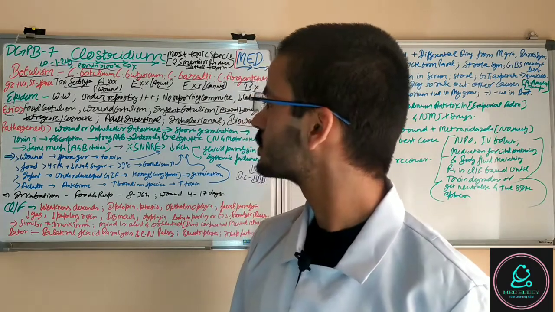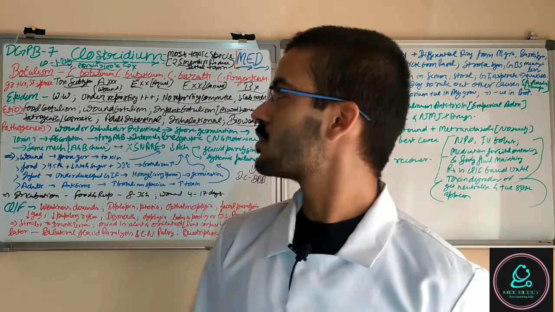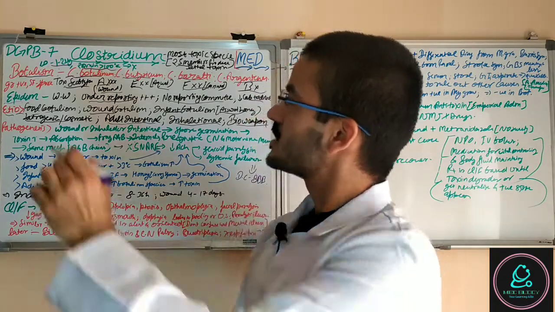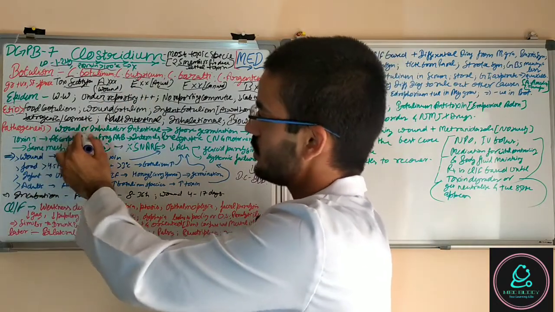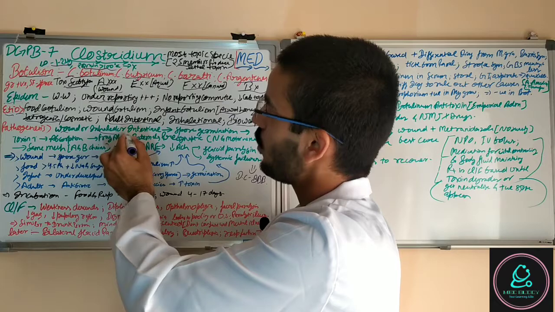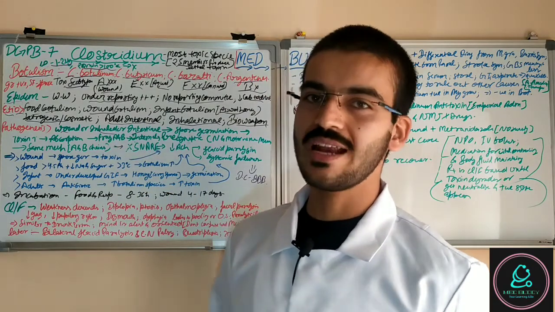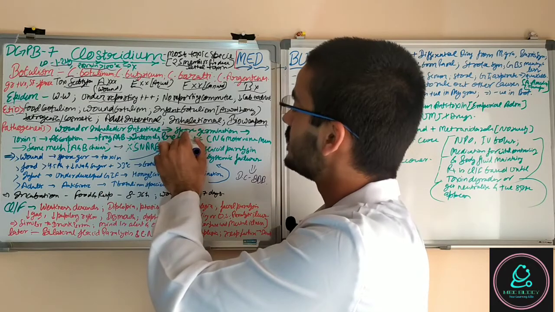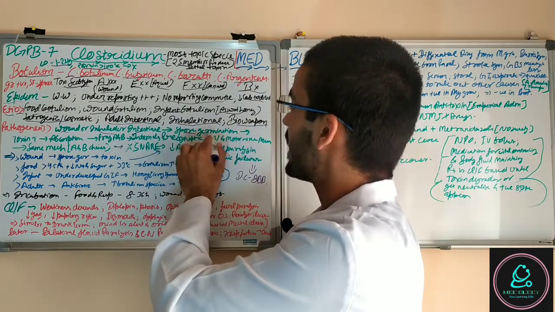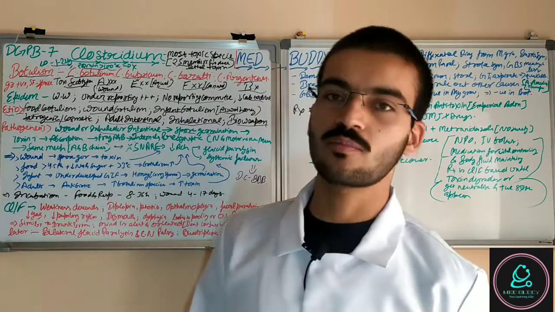Pathogenesis. One of these Clostridia species can enter the body either through wound or inhalation or intestinal route, and after entering, once it finds the anaerobic environment inside the body, the spores of this bacteria will start germinating and the bacteria will start proliferating.